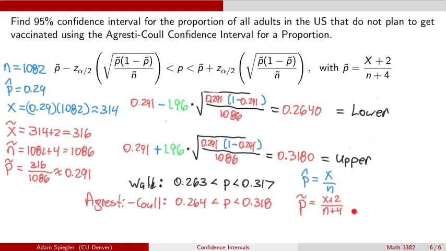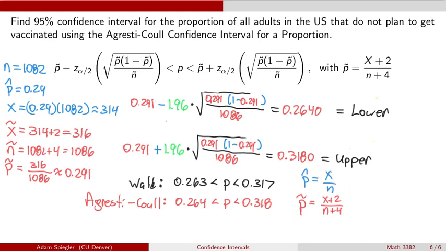So if the population proportion is not very extreme, so if it's not close to 0 or really close to 1, which is most of the time, then this estimator, though it is biased, is not biased as n gets really large, and also it has a smaller mean square error. So for that reason, this p tilde is in some sense a more accurate estimator to use than the p hat.